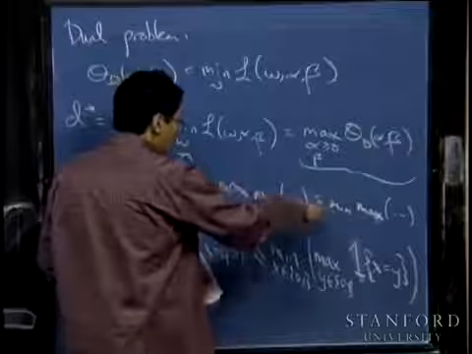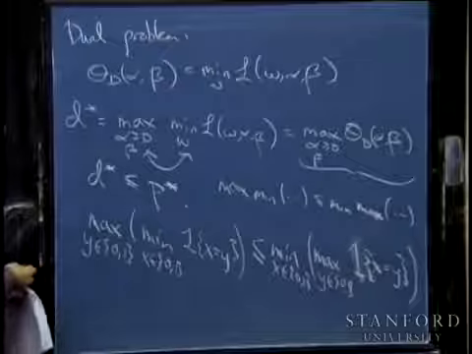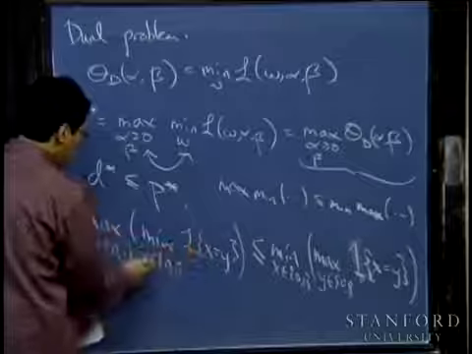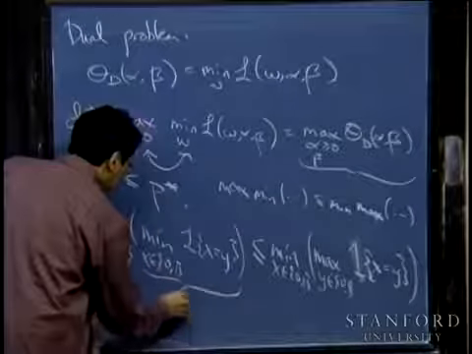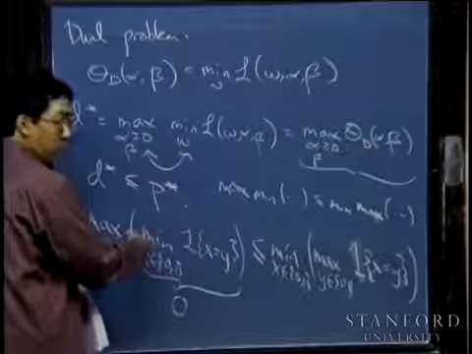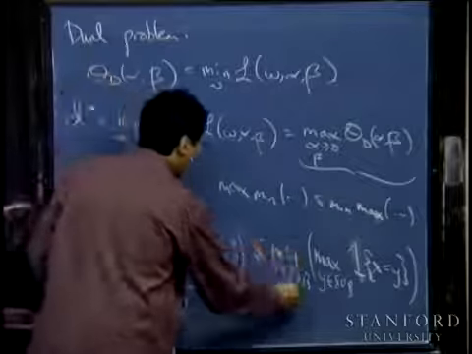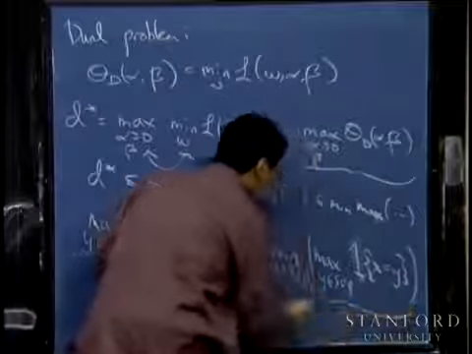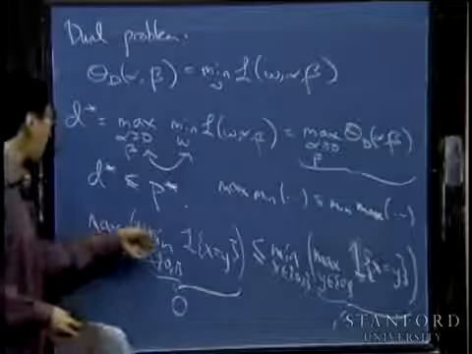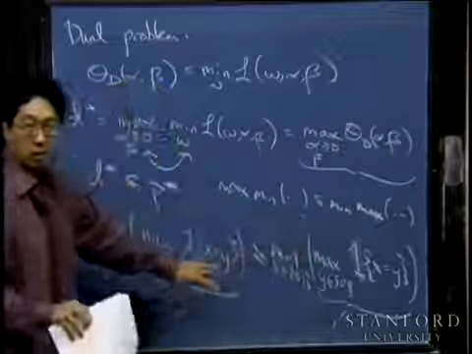This inequality holds true for any function you might plug in here, and this is one specific example. The min over x of the indicator x equals y is always equal to 0, because whatever y is, I can choose x to be something different. Whereas if I exchange the order of the min and max, then this is always equal to 1. So 0 is less than 1. More generally, this max min being less than or equal to the min max holds true for any function you might put in there.